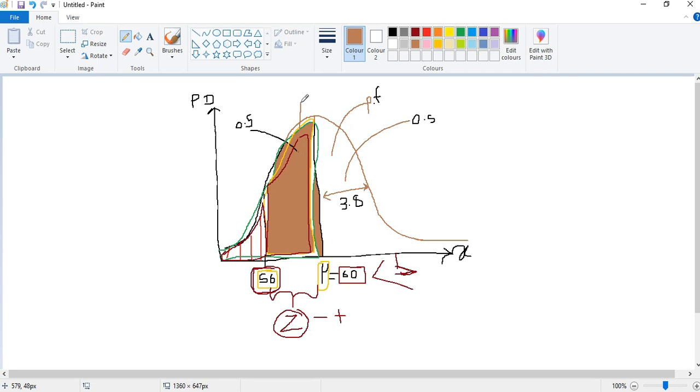Then if this brown part is 35.31 percentage, and if the total of this section is 50 percentage or 0.5, as we can write in decimals, then what will be this portion? This portion will be 50 percentage minus 35.31 percentage.